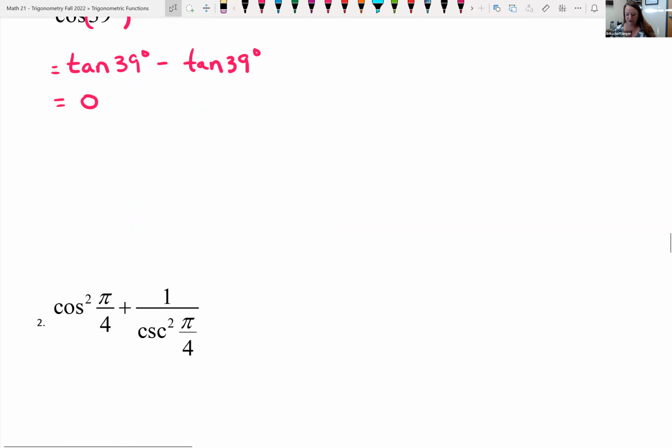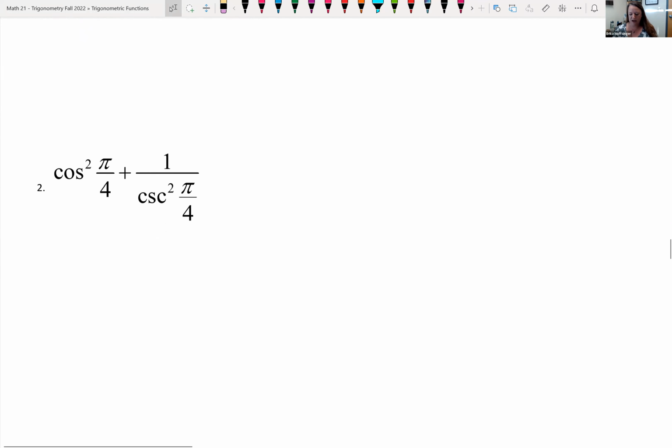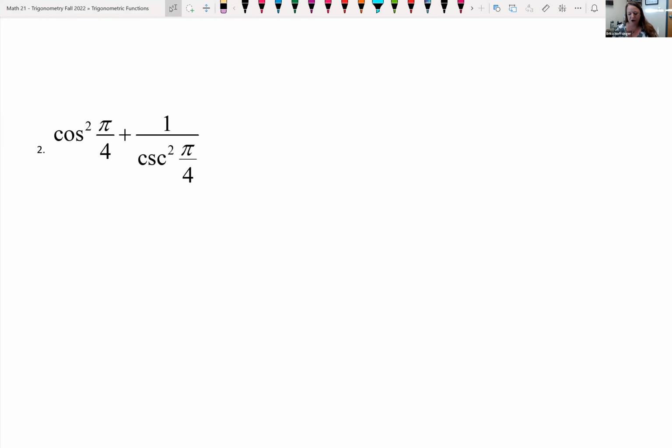So pulling up the next example we have in front of us: cosine squared of pi fourths plus 1 over cosecant squared of pi fourths. Right now we don't know what these angles are, or the cosine of that angle that's given. We'll learn those and we need to know what those are.